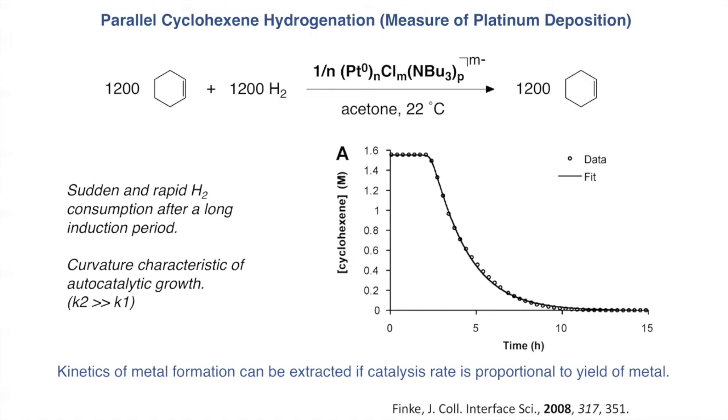And so this is Finke's evidence for autocatalytic growth, and he spends a lot of time fitting those curves to extract the rates of nucleation and growth and aggregation under these conditions, and things get very complicated very fast. But this is the main evidence for a surface catalyzed reduction of the metal salt in the formation of platinum zero, iridium zero, and others. And it's sort of become recognized more widely that this is an important process in transition metal chemistry.